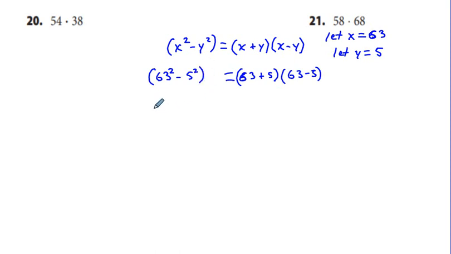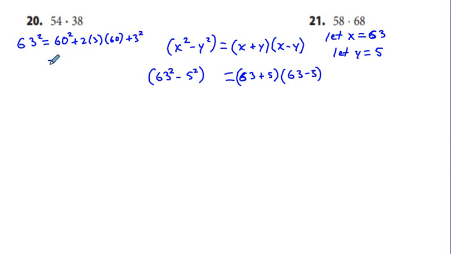Now, the problem I have is that 63 squared doesn't readily come to mind, but I know that using that first identity, 63 squared is going to be equal to 60 squared plus 2 times 3 times 60 plus 3 squared.